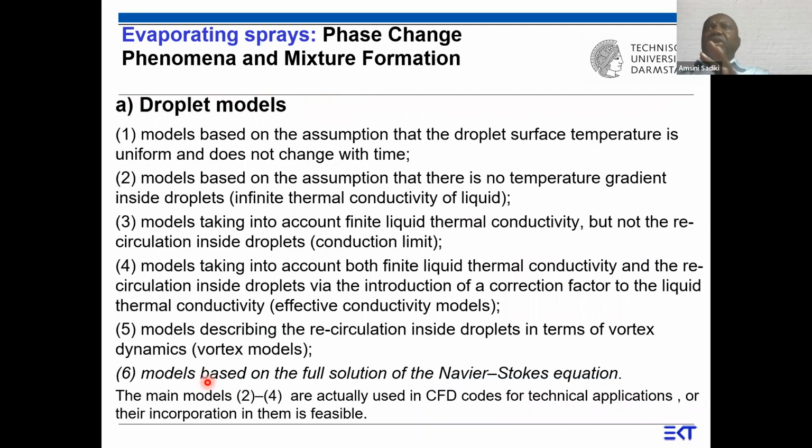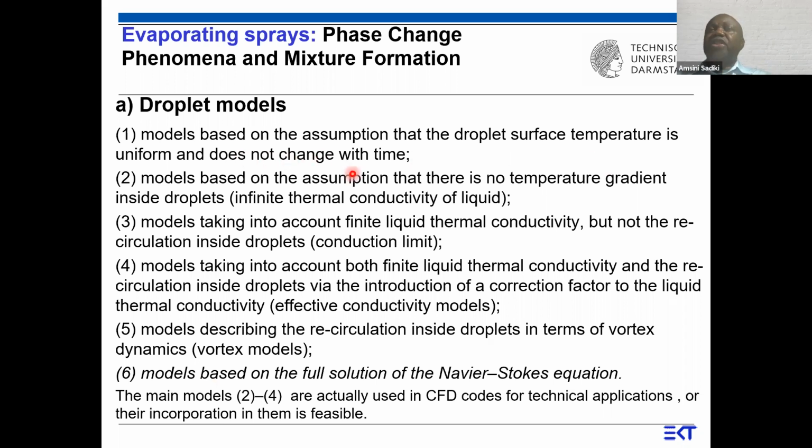So now we have to start first with the droplet model. This means the heat and mass transfer within the droplets. We can do it in different ways by considering some assumption for the heat, some assumption for the mass, and also some assumption for both. First, we can assume that the droplet surface temperature is uniform.